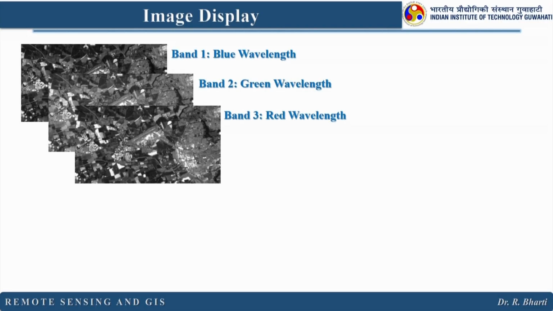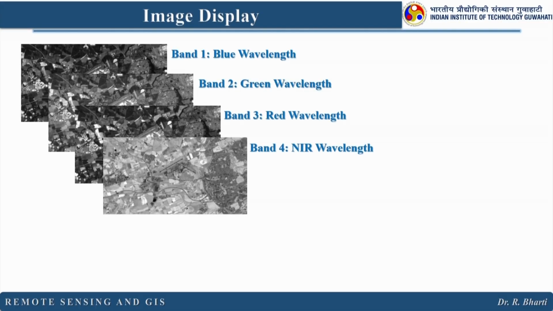Slowly we will get into image processing, but before that, do you remember that images captured by satellite are captured in different wavelengths? So for one individual area, you have many images in different wavelengths, right?